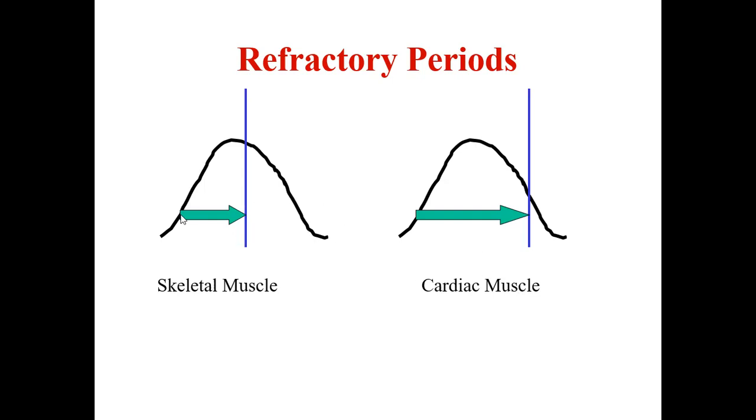Initially we have, like for the skeletal muscles, the normal calcium channels which open, and immediately we have a flood of calcium in the sarcoplasm. But then we also have the longer acting channels which open up later in cardiac muscle, allowing the calcium to stay prolonged inside that cell. For that reason, the contraction period of cardiac muscle lasts longer than that of skeletal muscle.